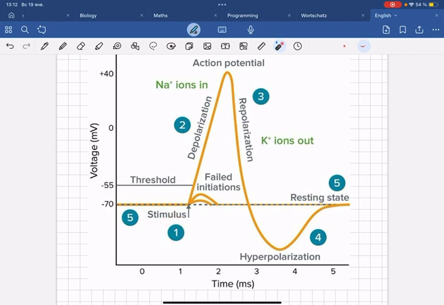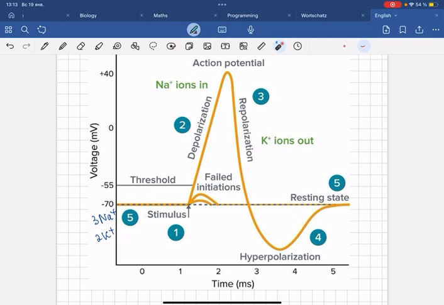So the resting potential is typically around minus 70, meaning that the sodium-potassium pump, which actively pumps 3 sodium ions out of the cell and 2 potassium ions into the cell, creates a concentration gradient for sodium ions and potassium ions across the membrane.